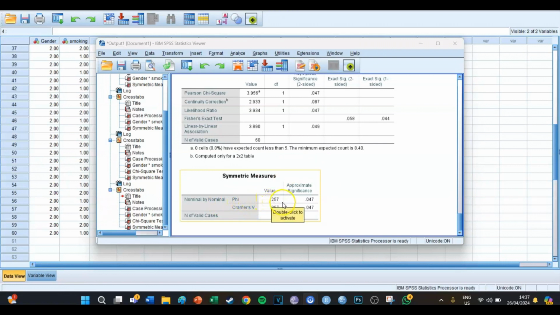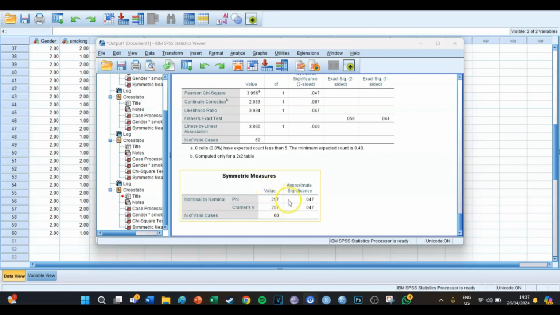In this case, we use the phi value, because it's only a 2 by 2 table. It's 2 gender categories and 2 smoking categories. So therefore we can use the phi value. But if it would have been, for example, a 4 by 4 frequency table or a 5 by 8 or whatever, then we would have used the Cramer's V value, but in this case we can use the phi value.